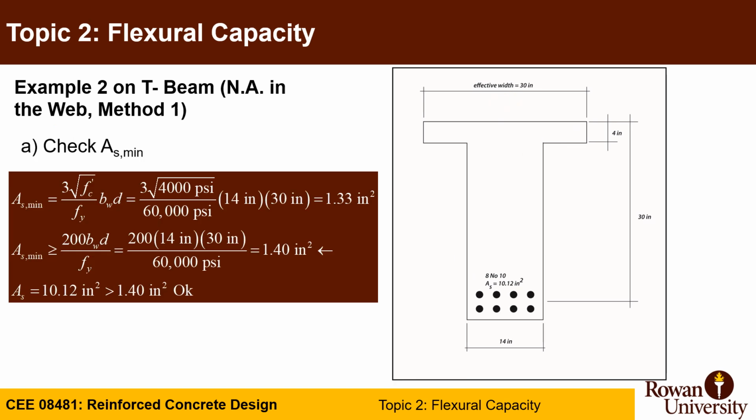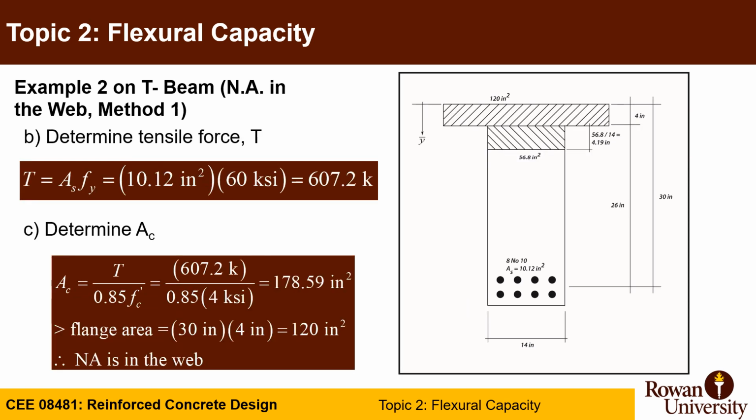Same steps that we did before for AS minimum. I will not spend time, but the value here is 1.4, and we will provide 10.12, so we are okay. Let's calculate T in this case. T is AS times Fy. It gives you 10.12 times 60, which is 607.2 kips.